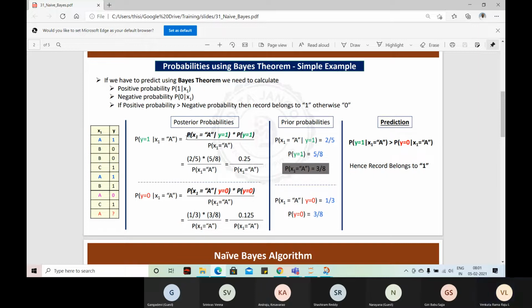This one I calculated here. I said 2 by 5. How did I get this 2 by 5? We took all the records with y equal to 1. That is the denominator. In that, wherever it is A on the x side, we took that with 1, and that is the numerator. That is conditional probability.